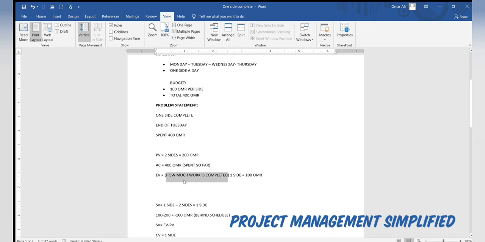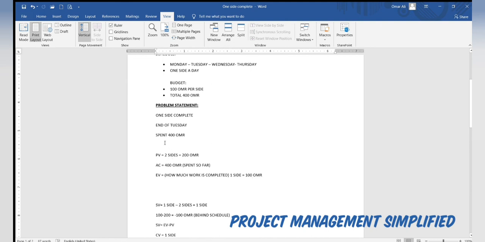We have completed one side, and the baseline cost for this work performed should be 100 riyals, because the EV is the baseline cost of work performed.